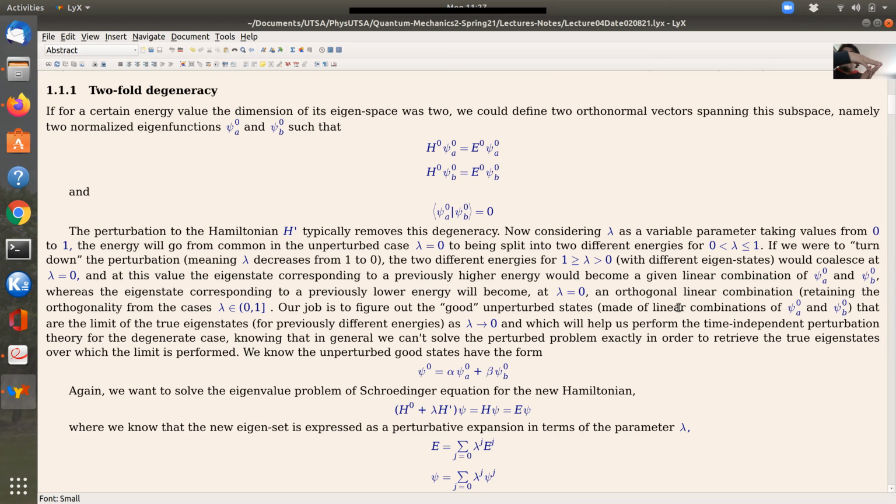For all the cases lambda not 0, you had linear independence, and you want to keep the good choice of so-called good states so that you retain the linear independence when you go to the case lambda equal to 0.